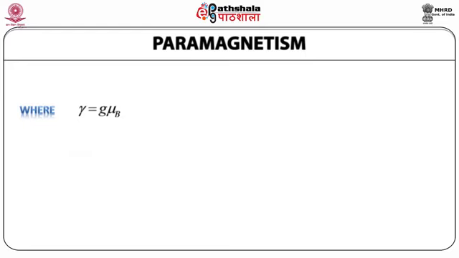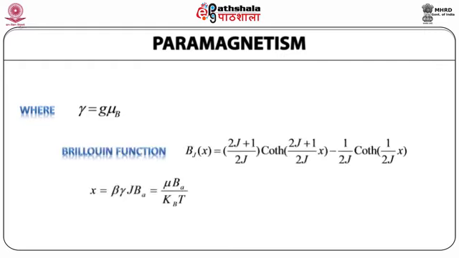You can write down the expression for the magnetization as what was shown in the previous slide, where Bj of x is the Brillouin function. So Bj of x is a Brillouin function, which I have written down here, is (2j plus 1) by 2j into the coth function of (2j plus 1) divided by 2j x, minus 1 divided by 2j into coth of 1 by 2j x.